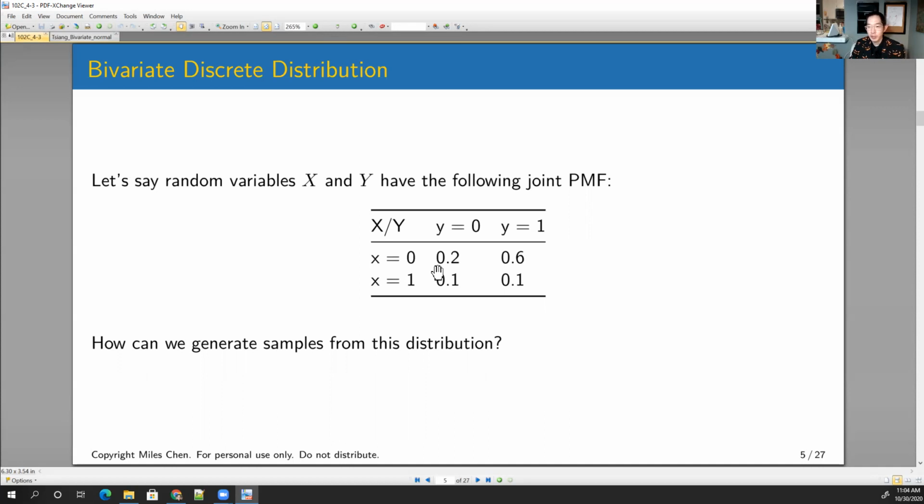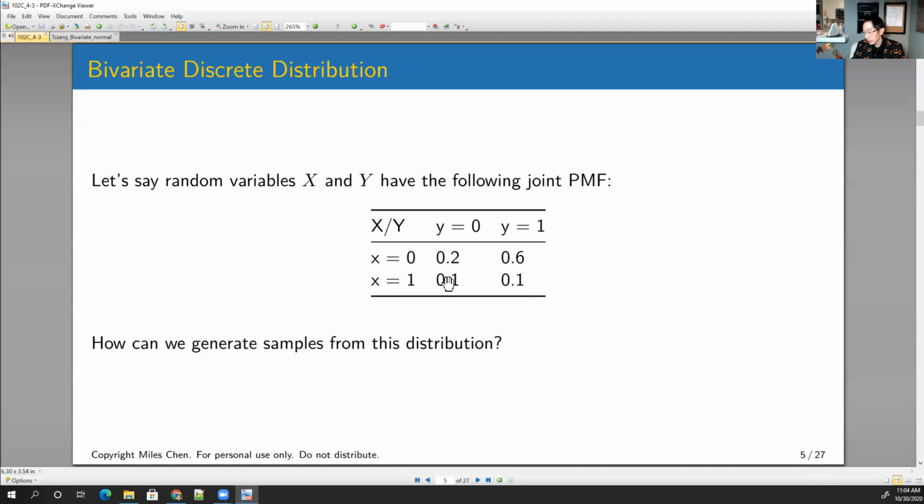We've got a PMF, and if you sum up all of the probabilities, they add up to 1. X takes on the values 0 and 1, y takes on the values 0 and 1. And we can see that x and y are not independent, okay? Because when x equals 1, y has an equal chance of being 0 or 1.